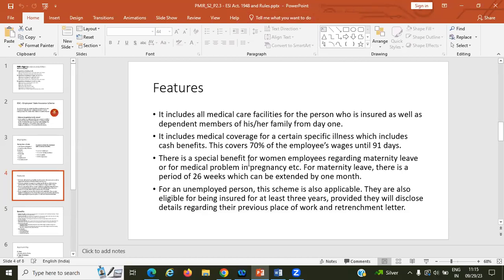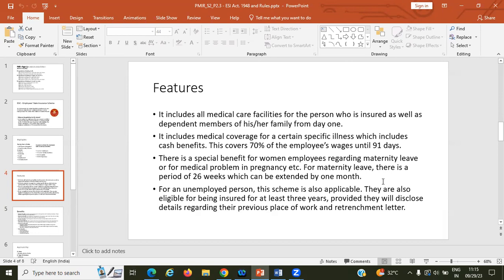There are special benefits for a woman employee regarding maternity leave or for medical problems in pregnancy, etc. For maternity leave, there is a period of 26 weeks, which can be extended by 1 month. That means ESI also covers maternity leave.